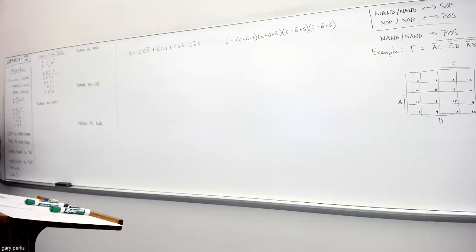One of the ways that you can connect a NAND gate so it acts like a NOT gate is you just take the two inputs and you physically connect them together. That's what I mean here. We're connecting the two inputs together.